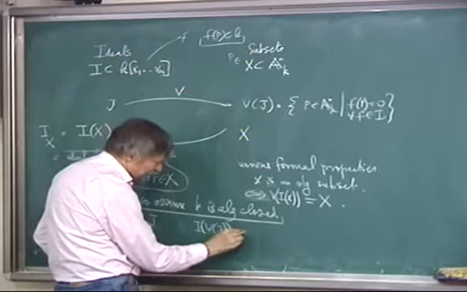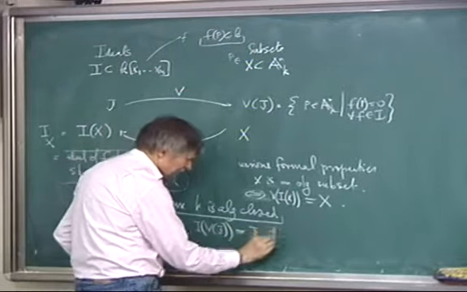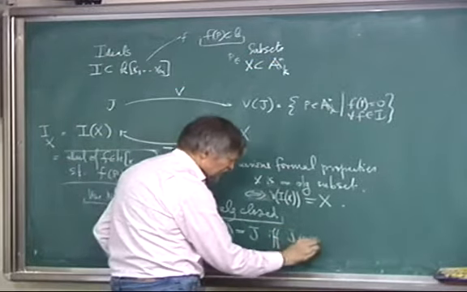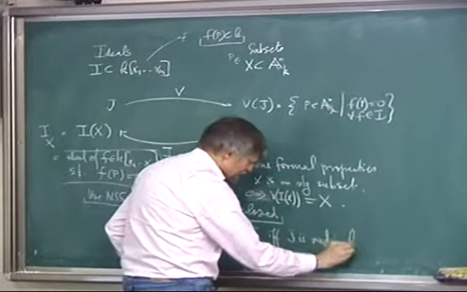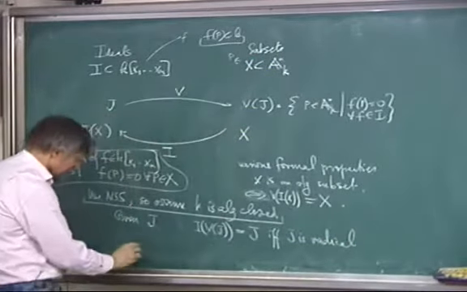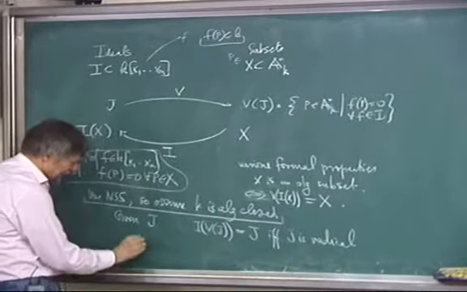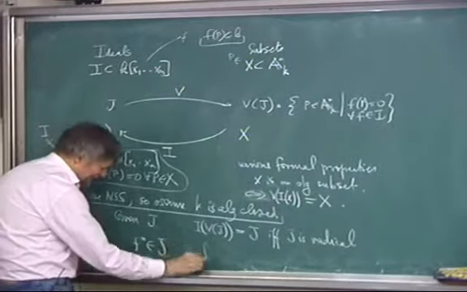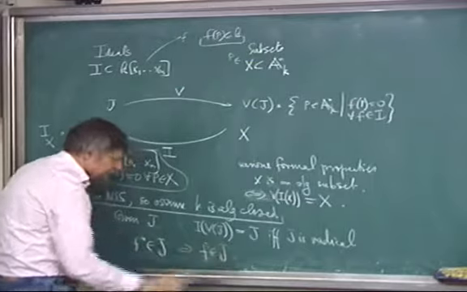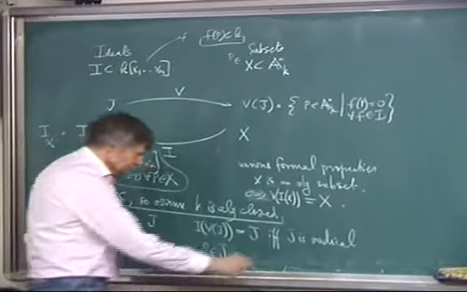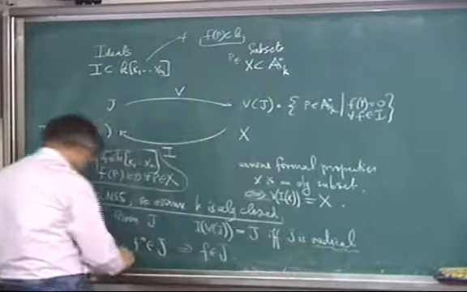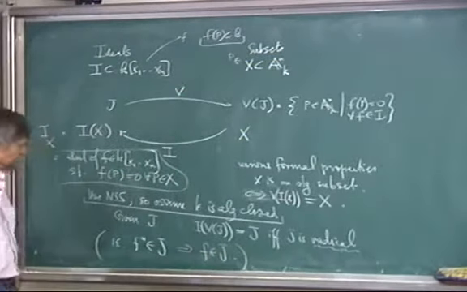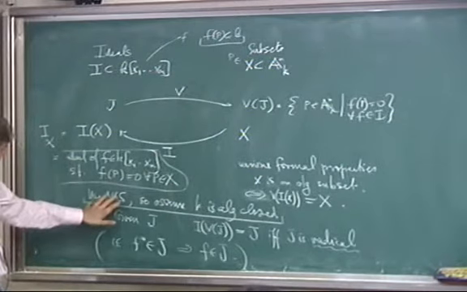And this is equal to J if and only if J is radical. So J is radical means that f^n in J implies that f is in J. Okay, so this is just the Nullstellensatz.